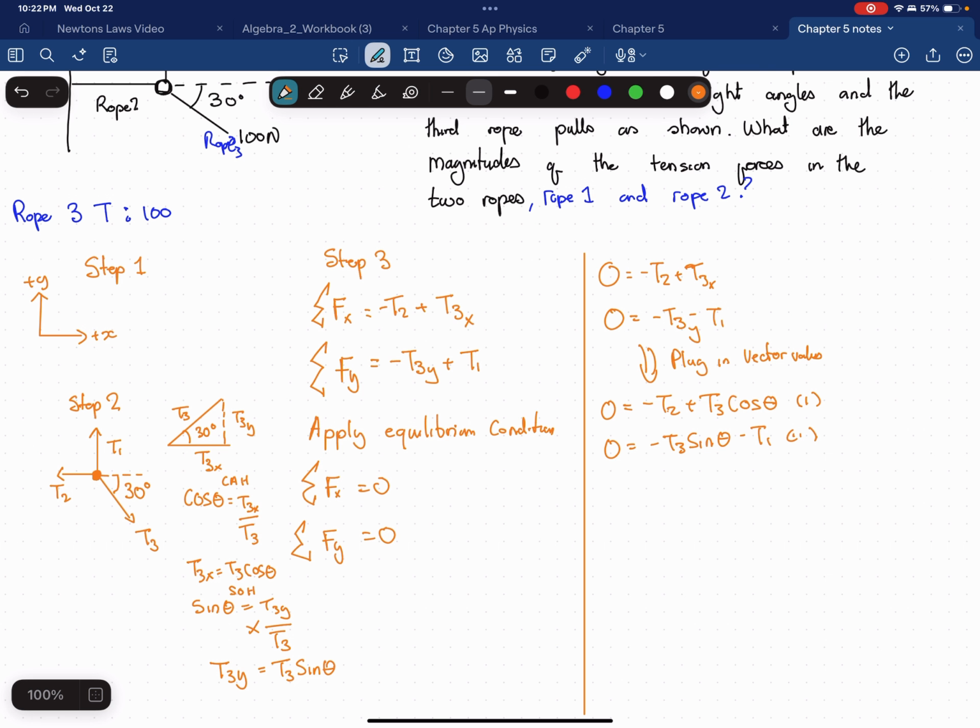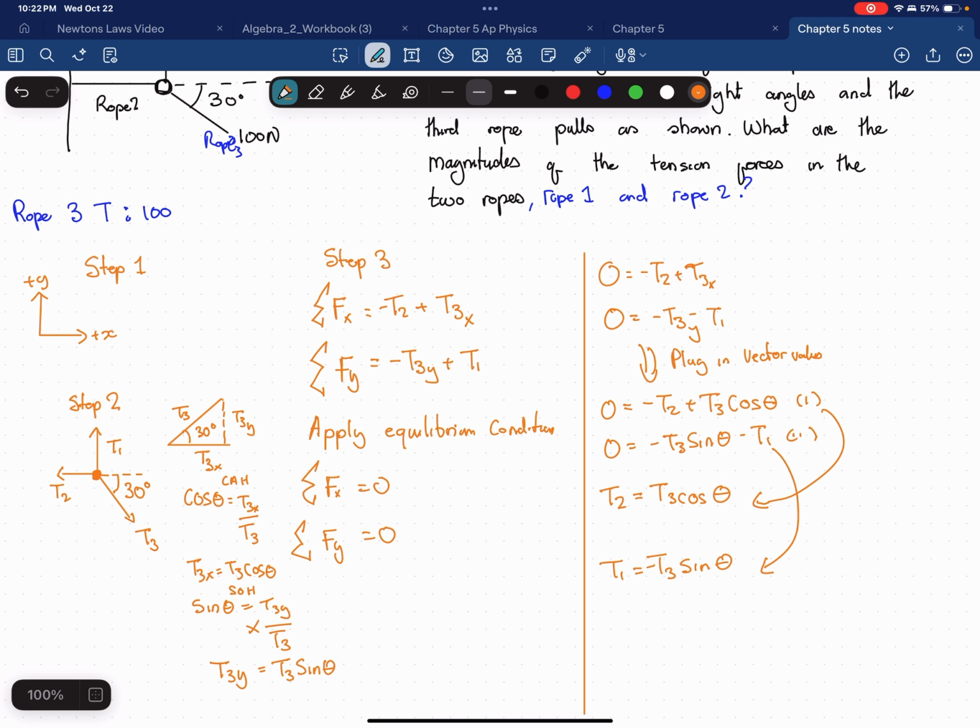I'm going to move my T2 across the equal sign, so T2 is equal to T3 cos theta. And if I move my T1 across the equal sign, T1 is equal to minus T3 sine theta.